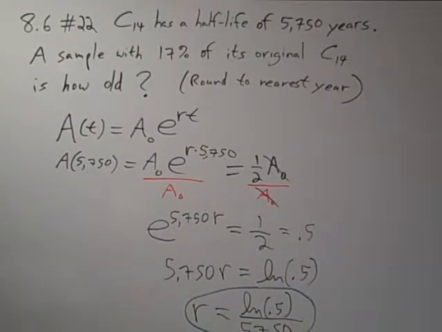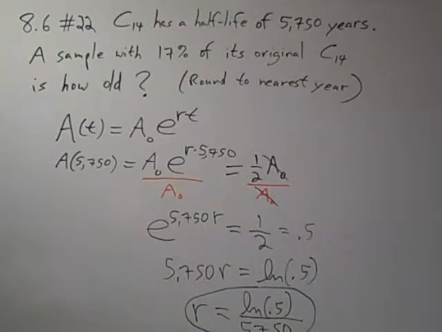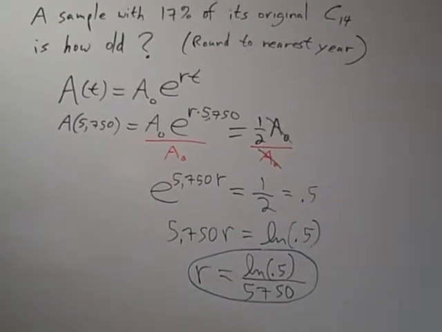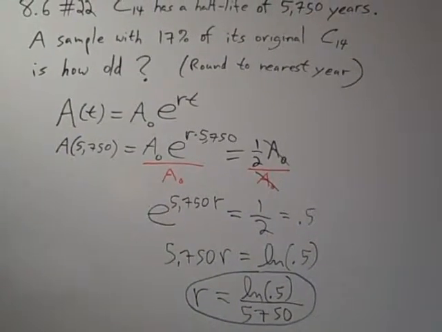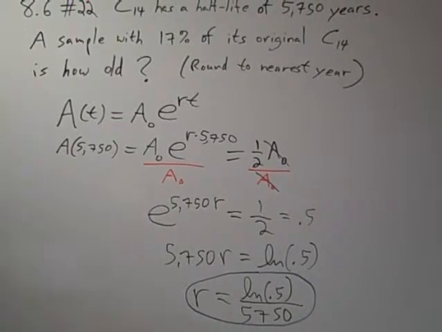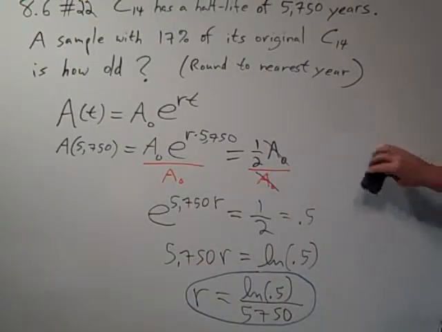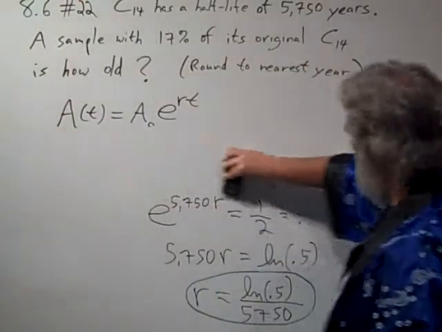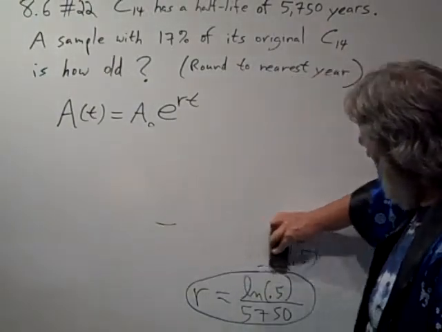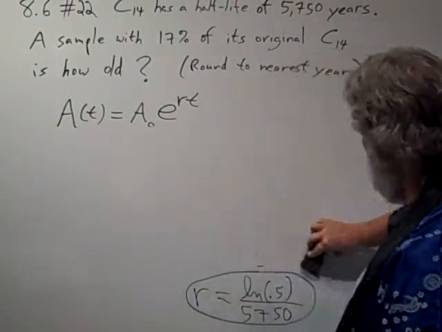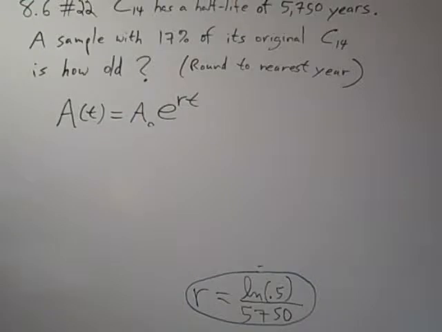And armed with that, we can solve any carbon-14 problem. In this case, they want to know how old the sample is if 17% of the original amount is still present. So going back to our decay equation for carbon-14, now we know the rate r.